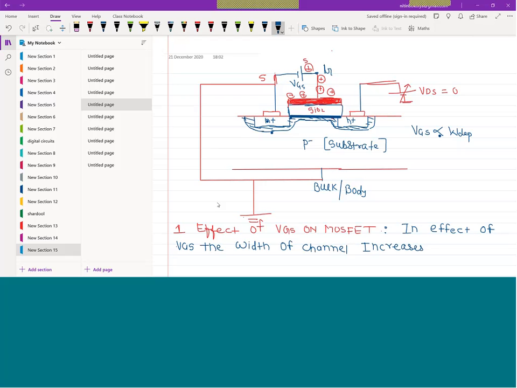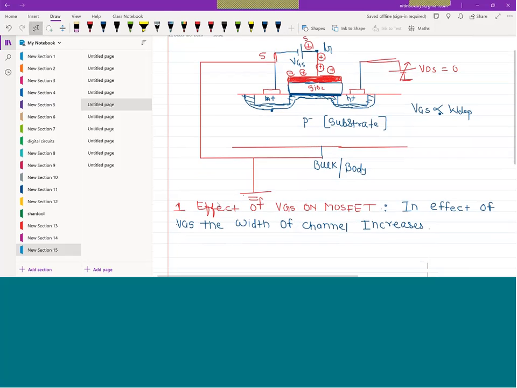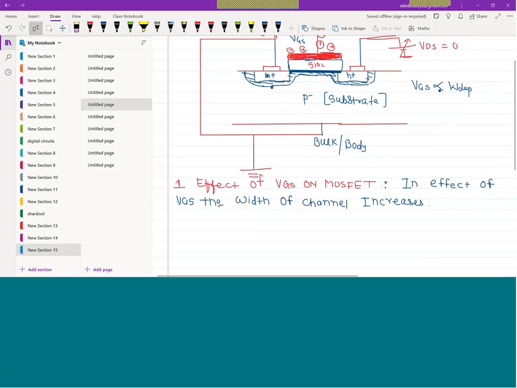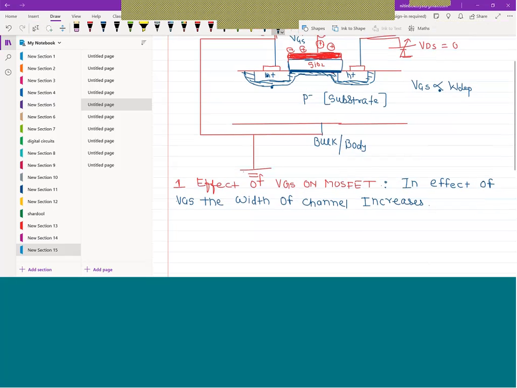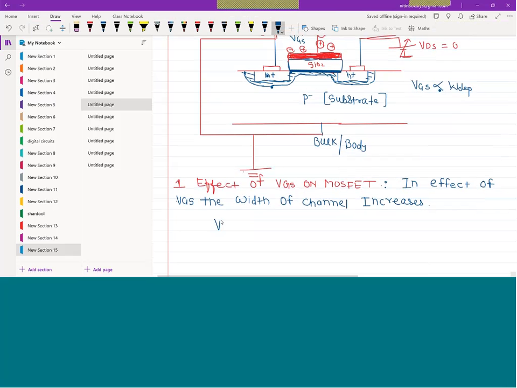Now, when will you say that the channel is formed? That value is given by the manufacturer, and we call that value the threshold value of VGS. There is a lot of meaning of it at the physics level, which you will study in EDC.